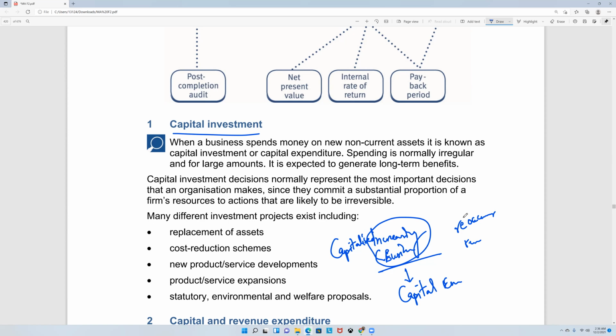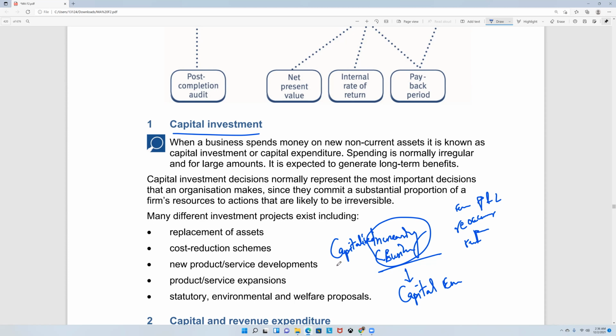That amount will be capitalized. Whereas any amount incurred in repairs and maintenance will be taken as an expenditure to the profit and loss account, and you just expense it for that period.